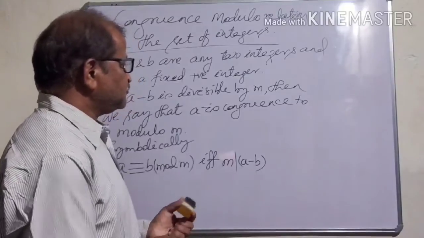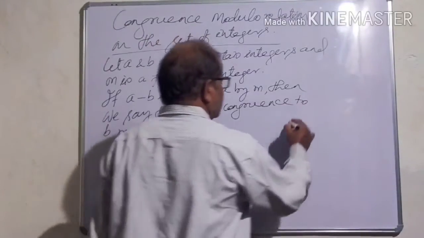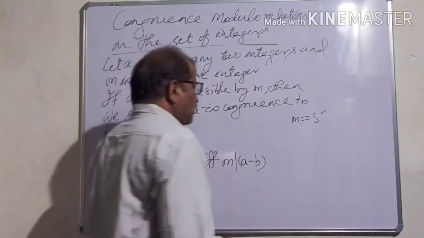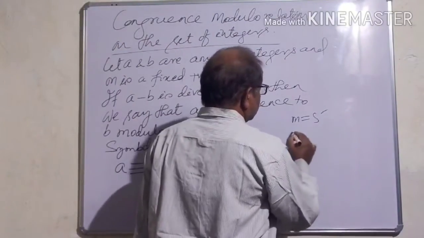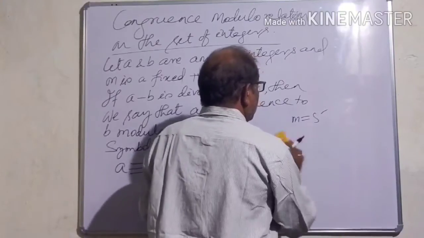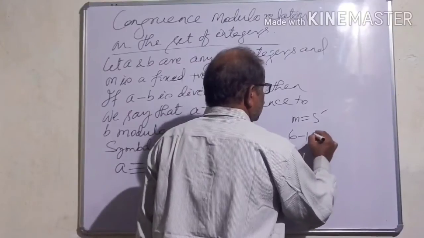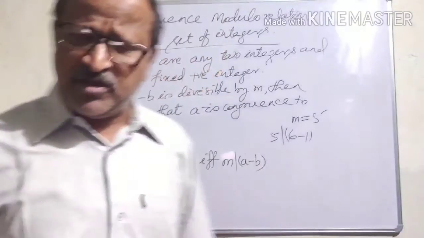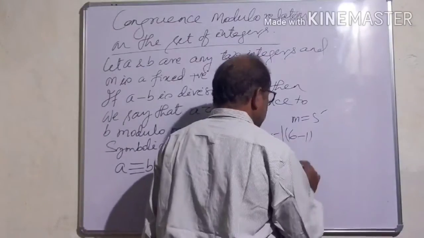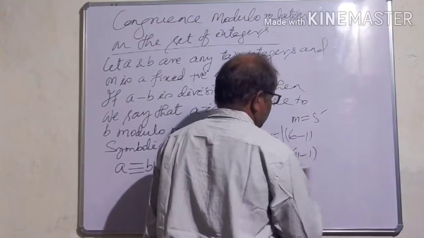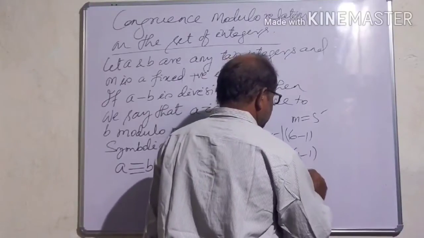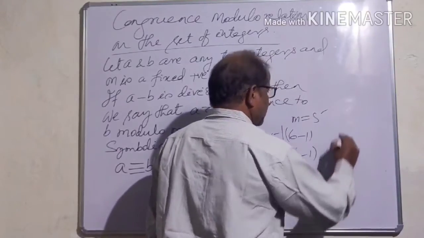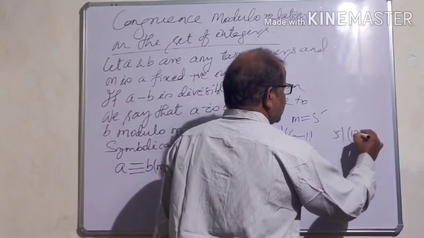Suppose our m is equal to 5. Then 6 minus 1: 5 divides 6 minus 1, because 6 minus 1 is 5, and 5 is divisible by 5. 5 also divides 11 minus 1. 5 divides 7 minus 2. 5 divides 8 minus 3. 5 divides 17 minus 2.